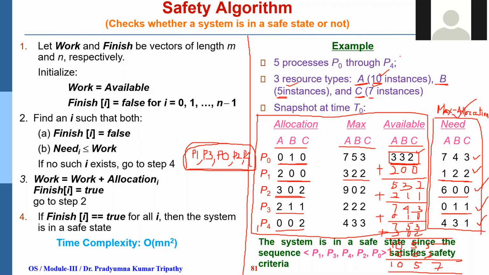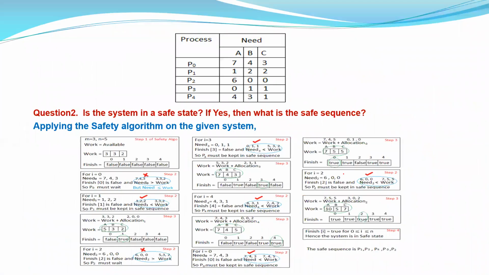Suppose I have 10 processes and we could not satisfy the need of one process, then also we'll say that it is not in safe state.